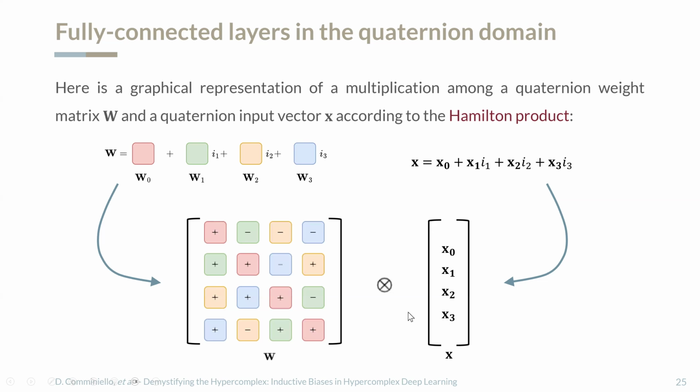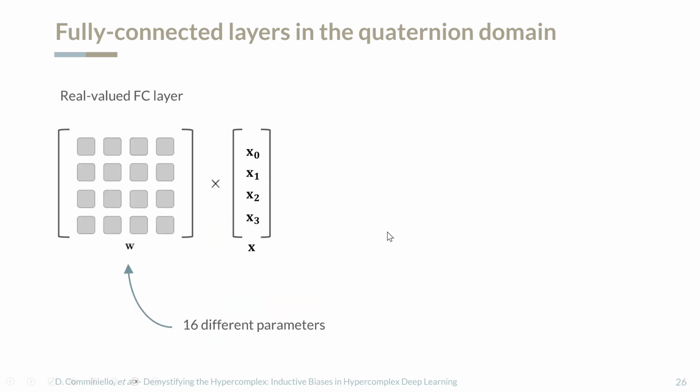So we need to make this kind of multiplication. We start from the definition in the real-valued domain. So how do we implement this equation in the real-valued domain?